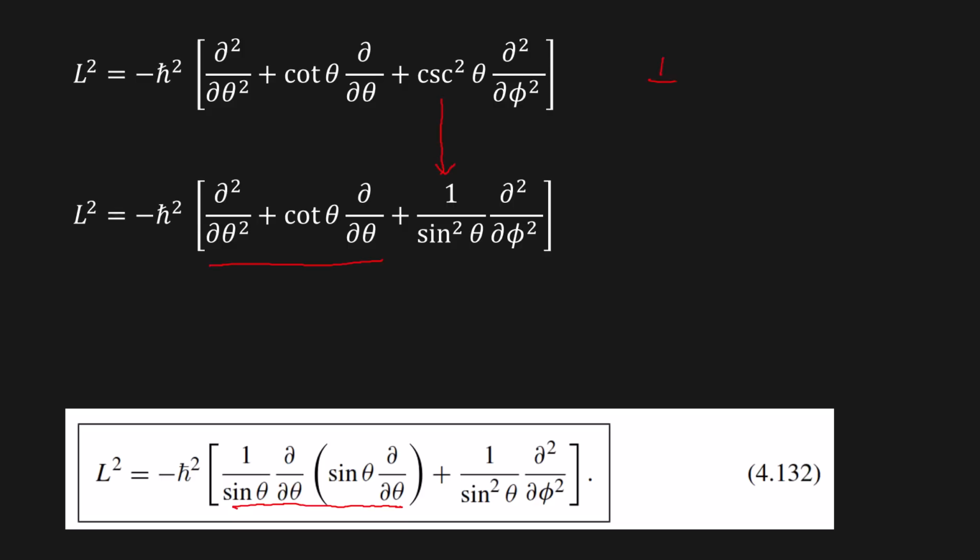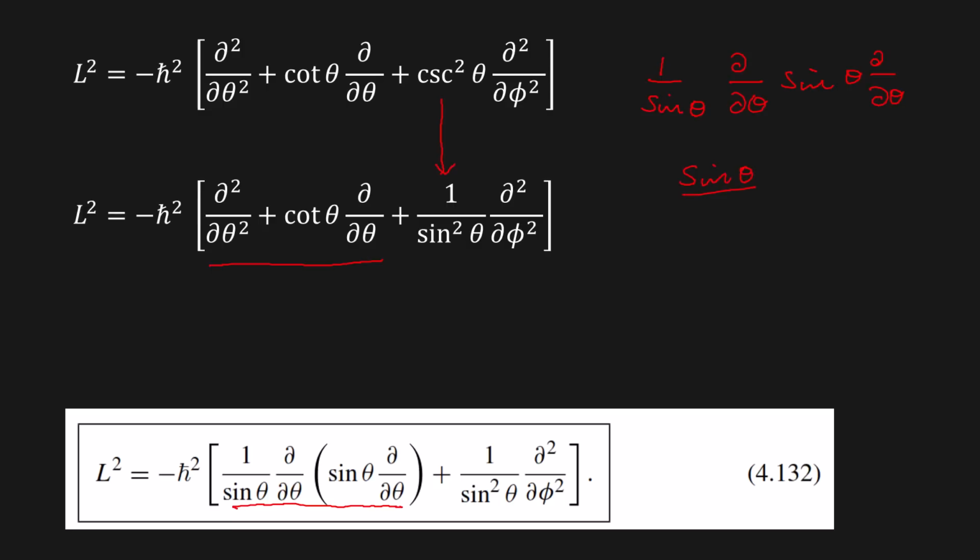Let us take 1 over sine theta, delta over delta theta, sine theta, delta over delta theta. Now you keep sine theta as it is and differentiate the next one. So what will happen? Then you have sine theta; I am keeping sine theta as it is.